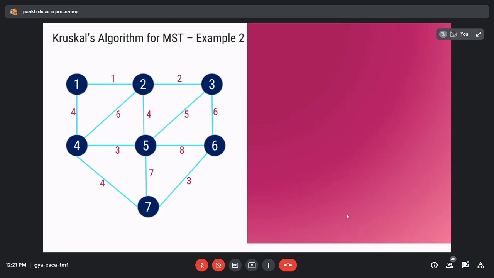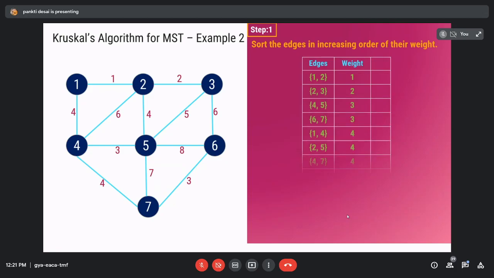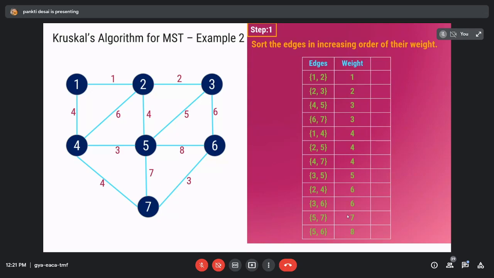Right, let us understand this algorithm with the use of an example. So consider this graph, right? Now the first step is to sort the edges in increasing order of their weight, right? So write down all the edges, that is 1 comma 2, 2 comma 3, 4 comma 5, 6 comma 7, right, like this, and write down all the edges of this graph in increasing order of their weight, right, like this.